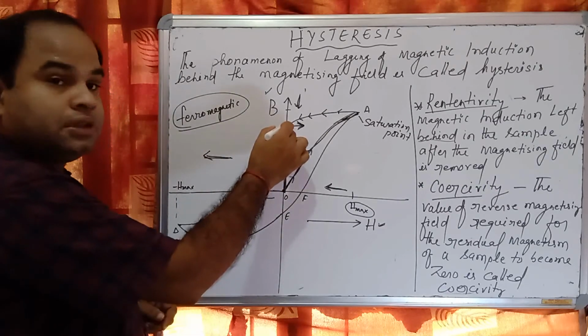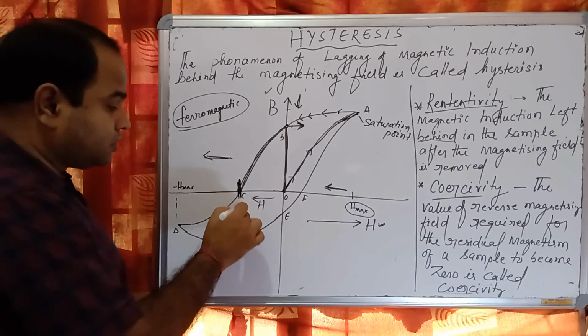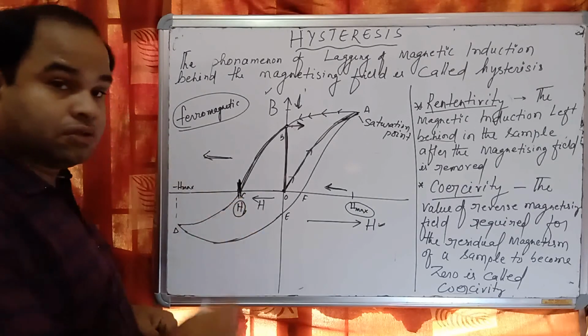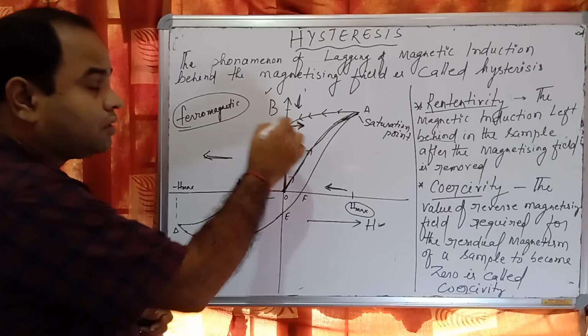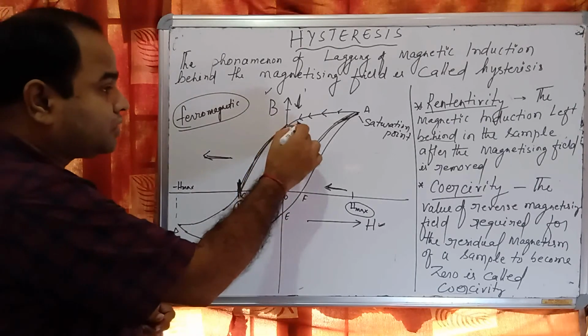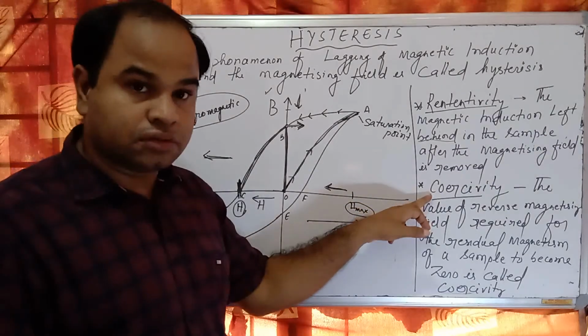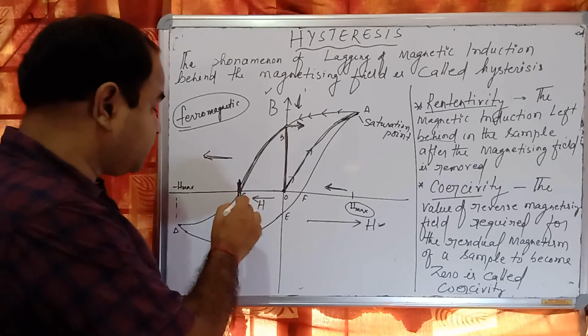Here B is 0, so at this value of H the value of B is 0. This value of H is required in the opposite direction to make this residual magnetism in this direction become 0. That is called coercivity, the value of reverse magnetism.